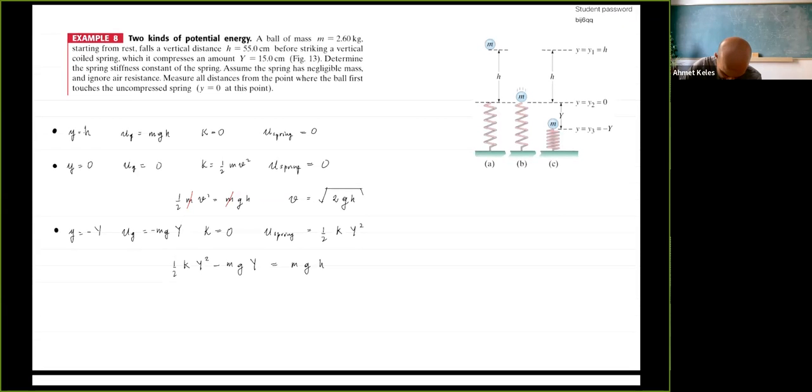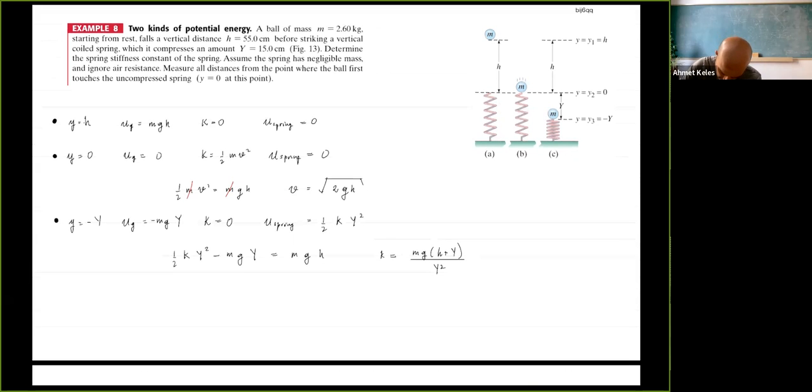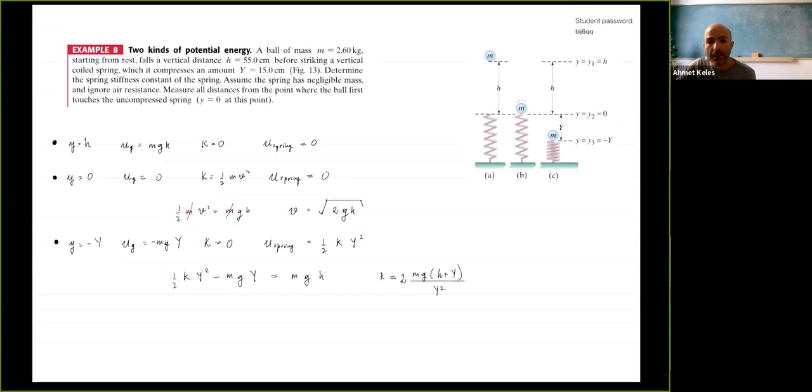So this is what? K is equal to 2mg(h plus y) divided by y squared. Good. Any objections? Maybe I ask you to calculate this number and let me see what I found in my notes.